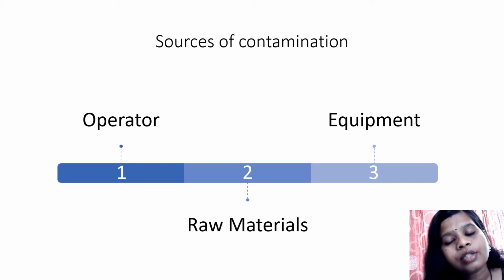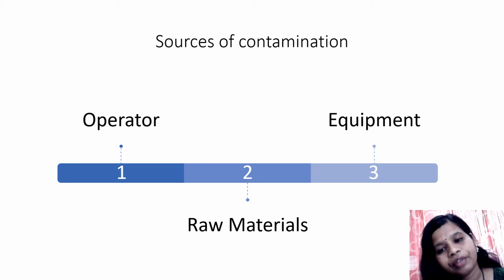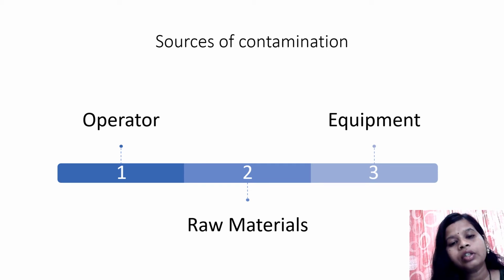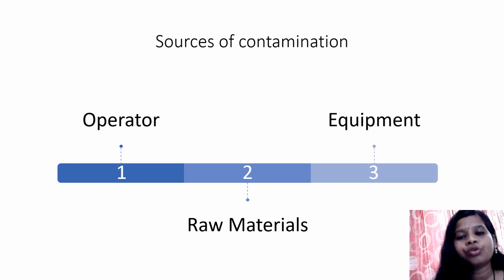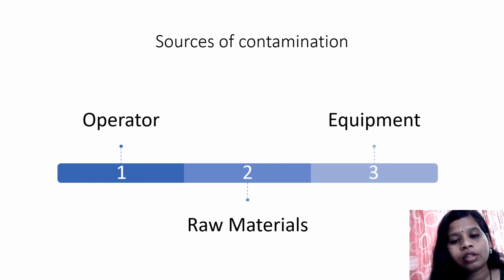Also, the personnel working there have direct contact of their hands with the product. So this acts as a major source of contamination, because the skin of the personnel carries species like Staphylococcus, and these microorganisms will contaminate the product.